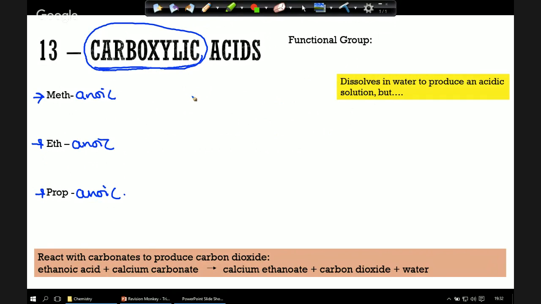So again, meth has 1 carbon, eth has 2 carbons, and prop has 3 carbons. Now, like before, we said for the alcohols that had a functional group OH, the carboxylic acids have a functional group COOH. So let's try and draw the structural formula for these.